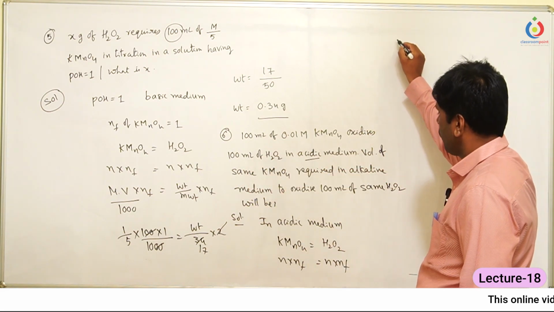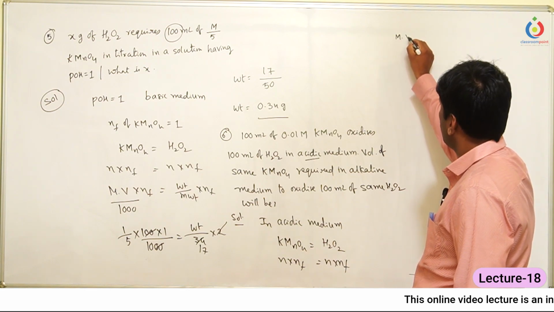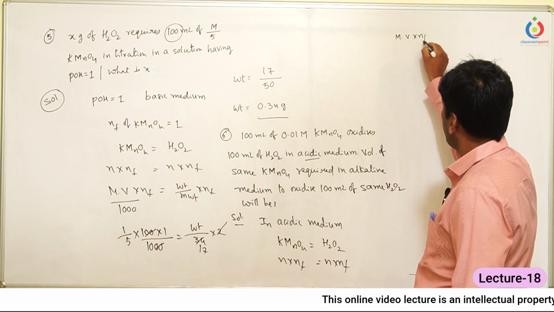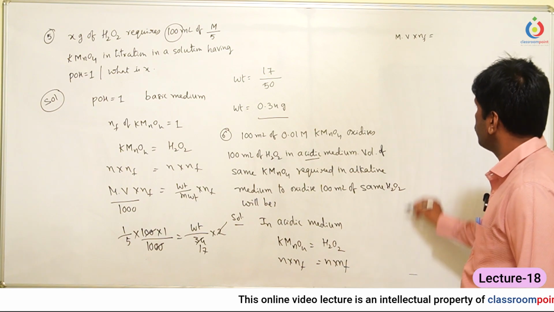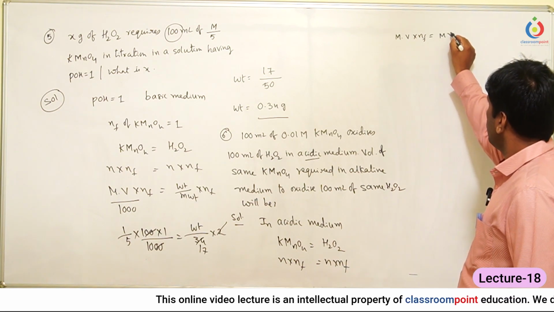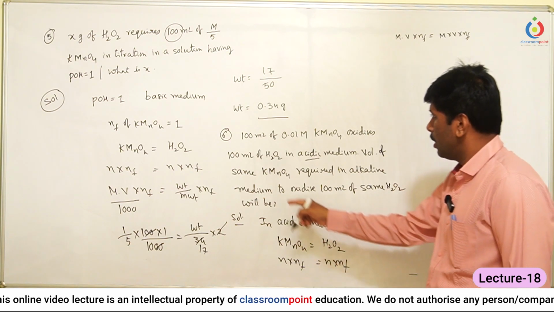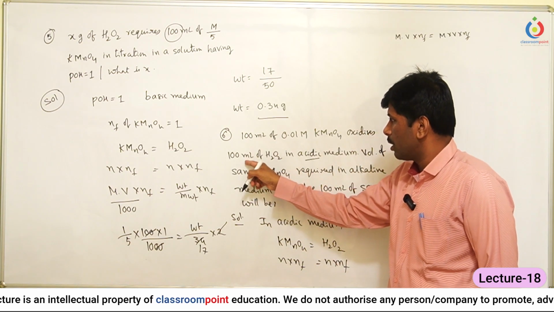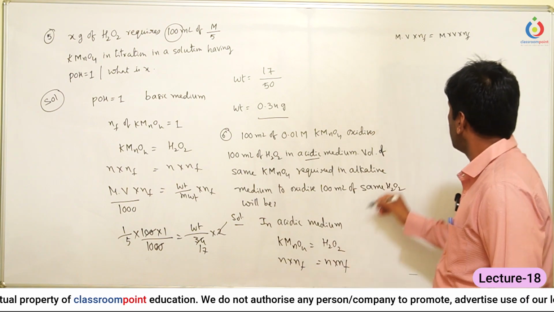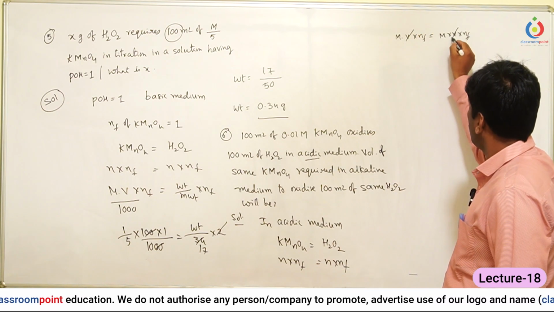Molarity into volume into N factor of KMnO4 equals molarity into volume and N factor of the hydrogen peroxide. The volumes of both KMnO4 and hydrogen peroxide are the same, so the volumes cancel out.